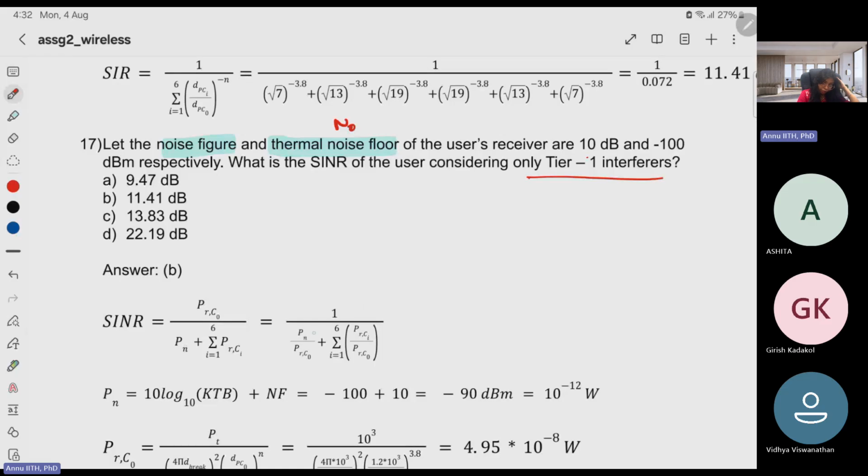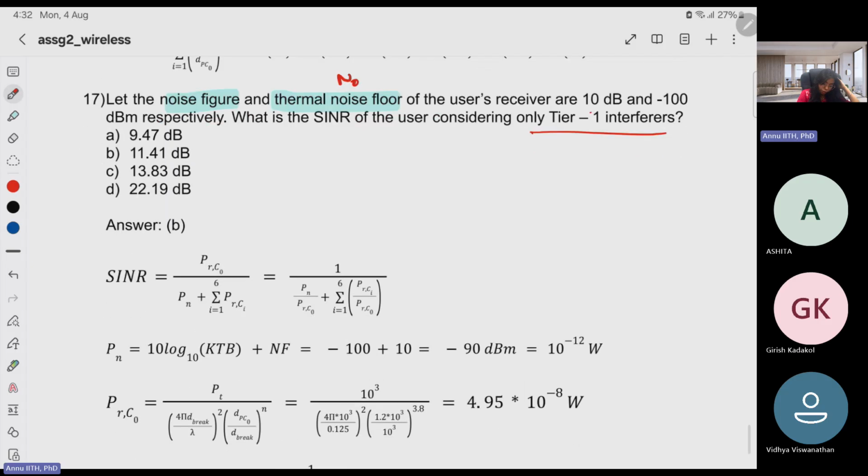And SINR is equal to PR of C0 divided by Pn plus the summation of all the interference PR of Ci, divided by PR of C0. Pn is equal to kTB plus noise figure. It is minus 90 because it's the noise floor.